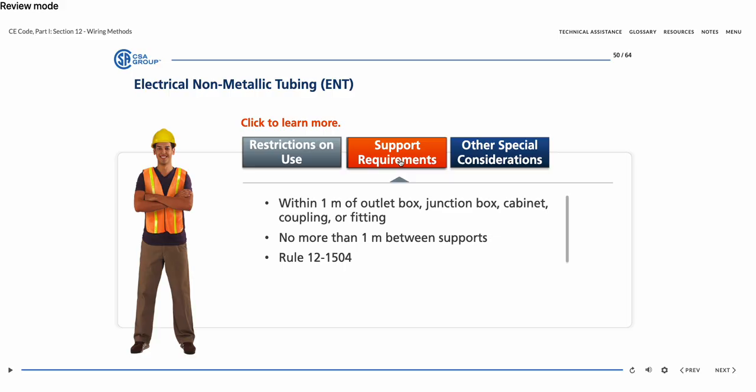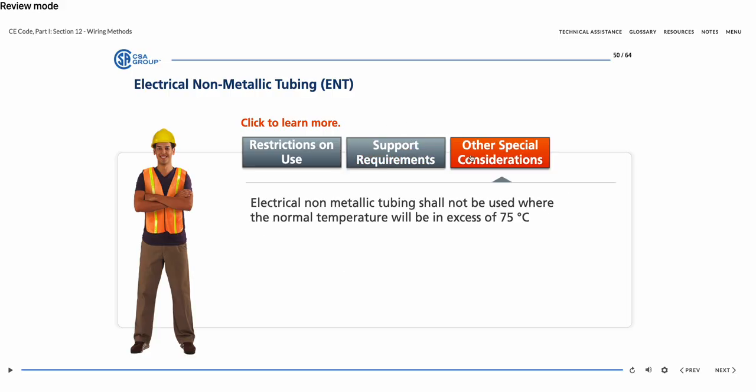There cannot be more than 1 meter between supports. ENT tubing cannot be used where the normal temperature will be in excess of 75 degrees Celsius.